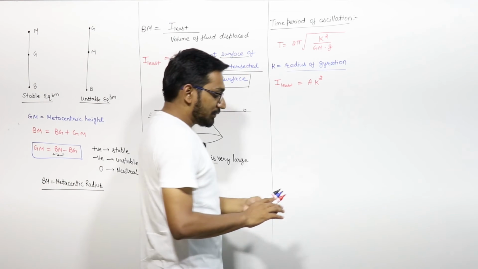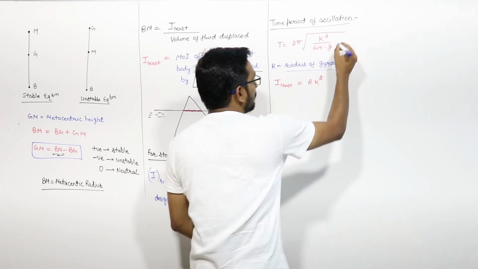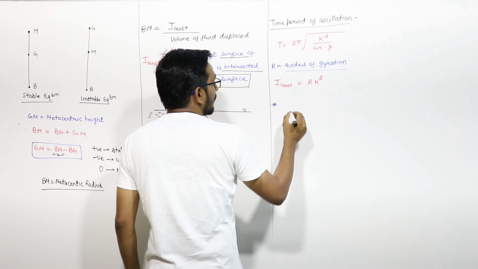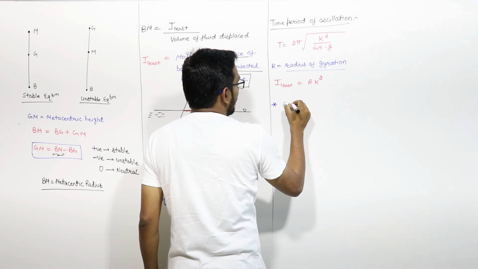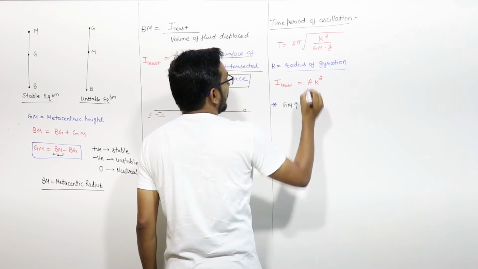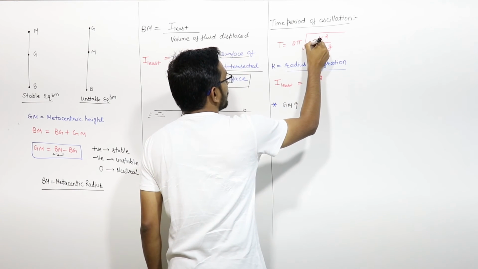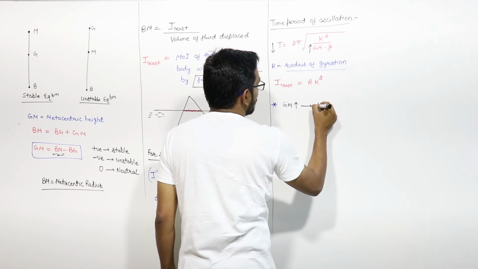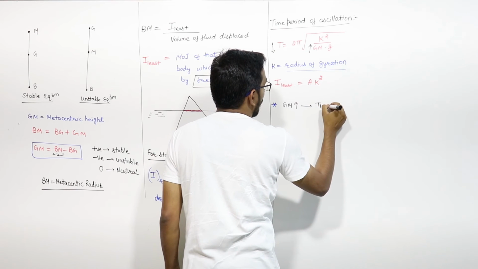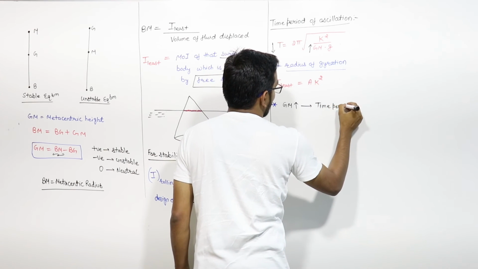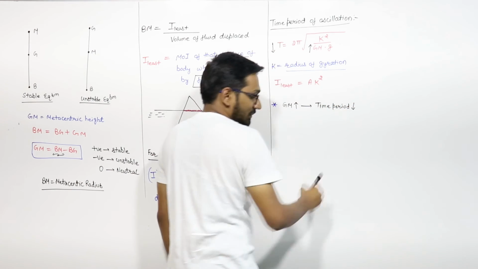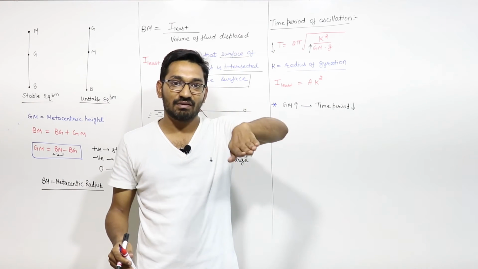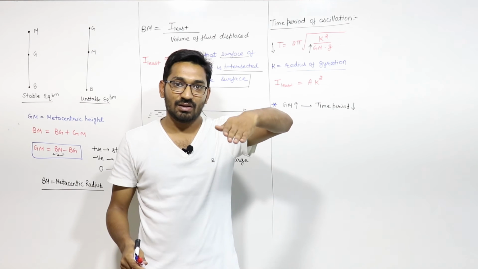If you see from this formula, the most important concept is, if GM is large, then the time period will be less. Time period less means that the body will oscillate very fast, like this, right?